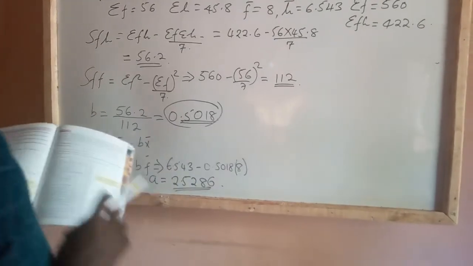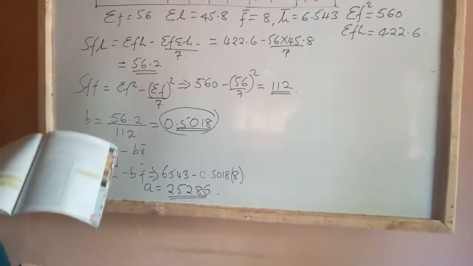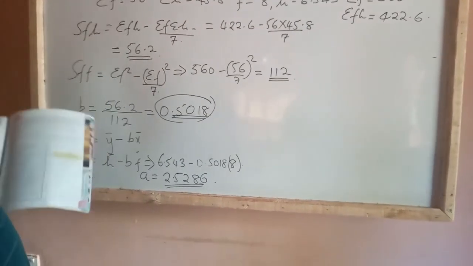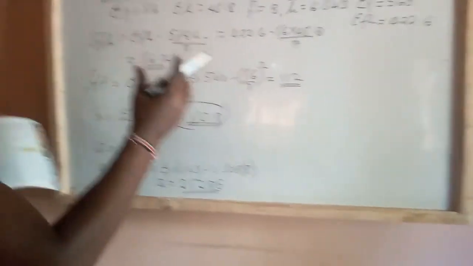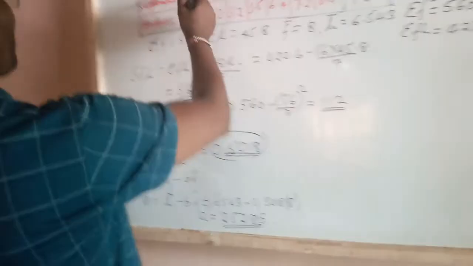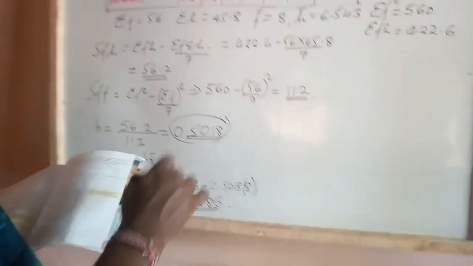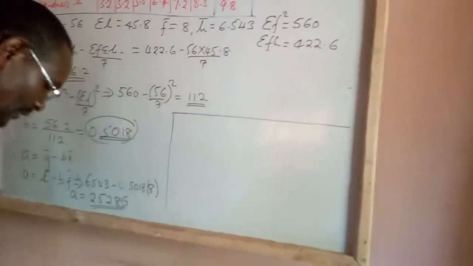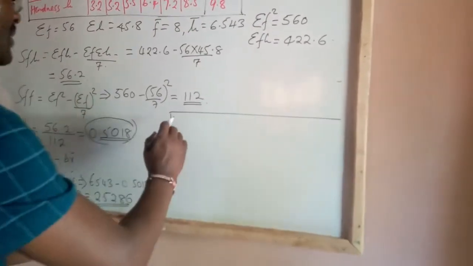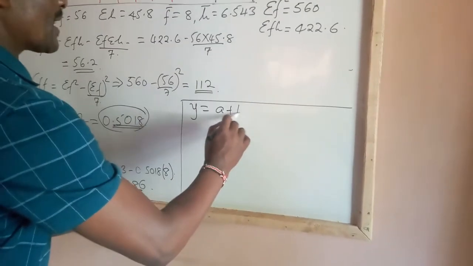Now, find the equation of regression of F on H. Picking all this information, because F is the independent variable and H is the dependent variable, H depends on the value of X. So the equation of regression is generally Y equals A plus BX.